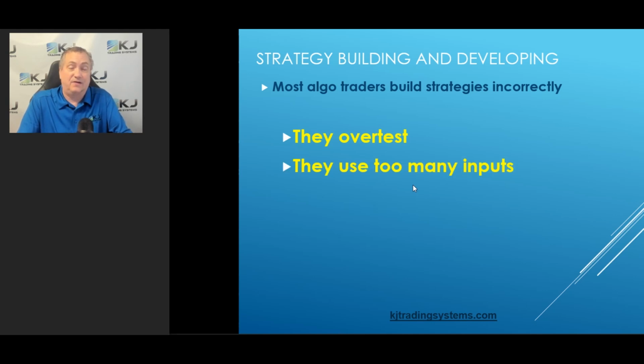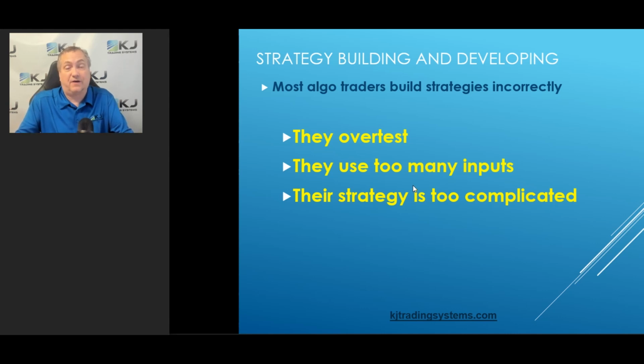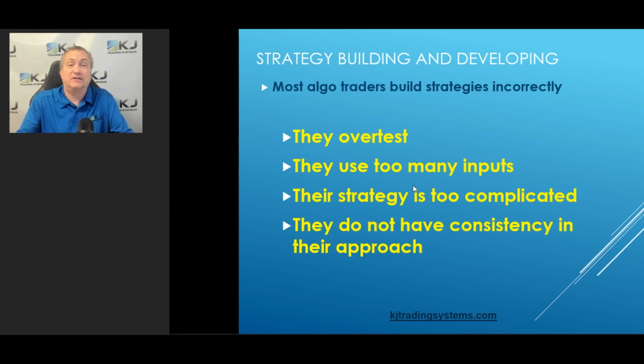And like I said, they use too many inputs, and you saw how uncomplicated this strategy was. Most people will overcomplicate their strategy. And then finally, the big thing, I think, is be consistent with how you're building your strategies. Most algo traders, most developers are not.